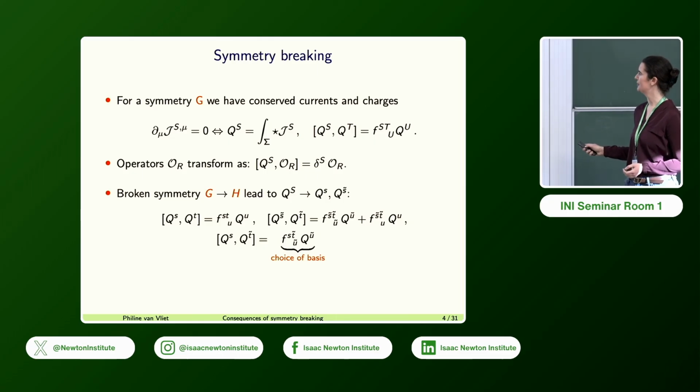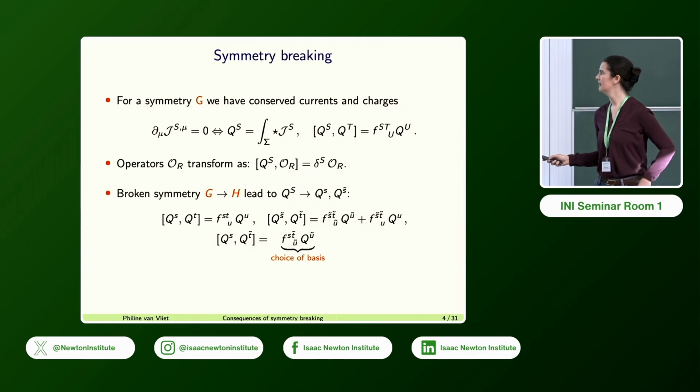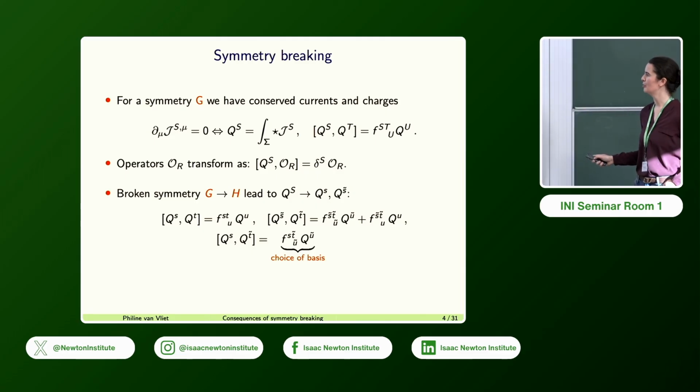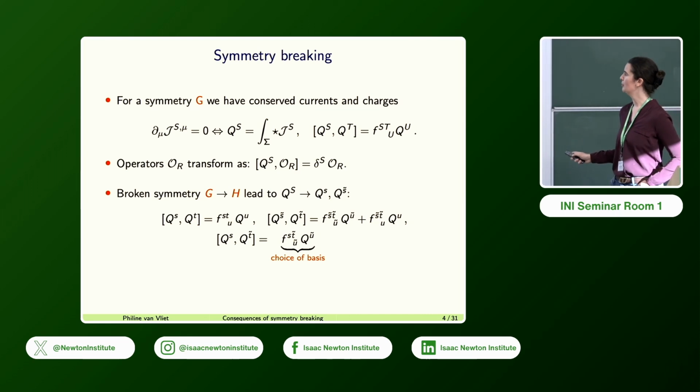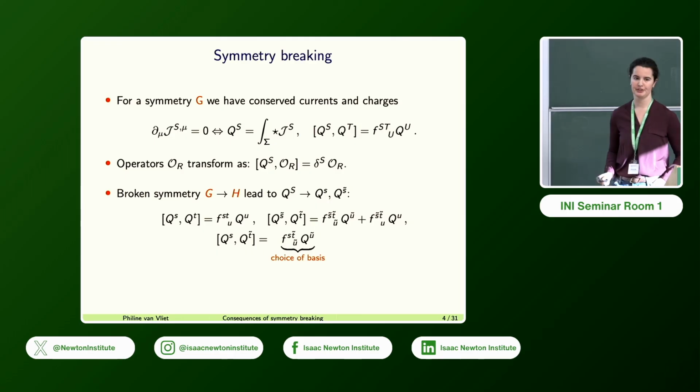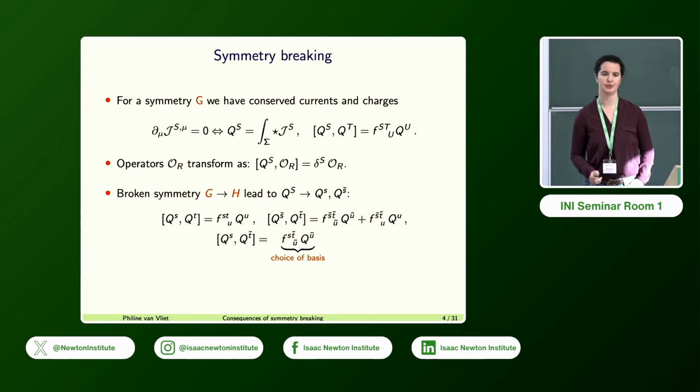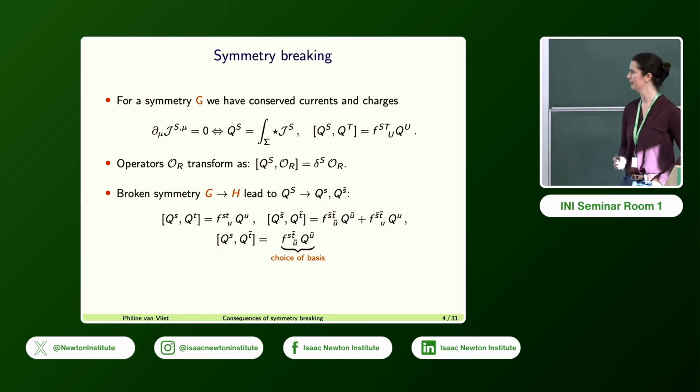The unbroken charges we denote by S, and the broken ones will have this little tilde on top. Necessarily these unbroken charges, which are preserved by the defect, close up on themselves, so they satisfy their own algebra. While the broken ones can rotate onto another broken charge, but also onto an unbroken charge. We can pick our bases such that this combination of unbroken and broken charges only rotates onto a broken charge. That's just a choice that we made that simplifies some expressions.